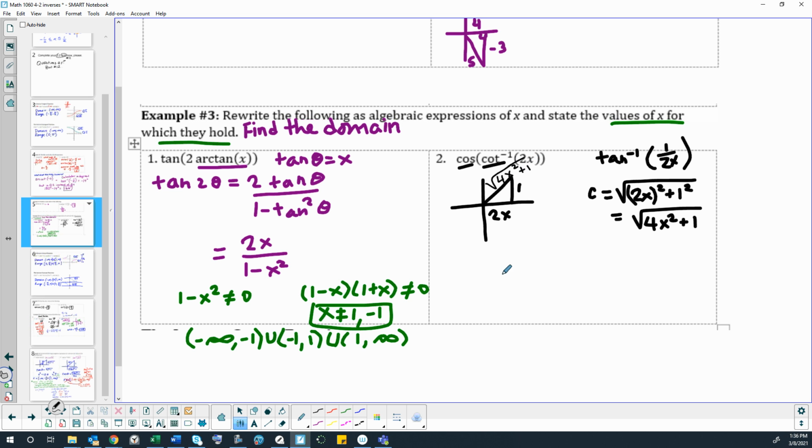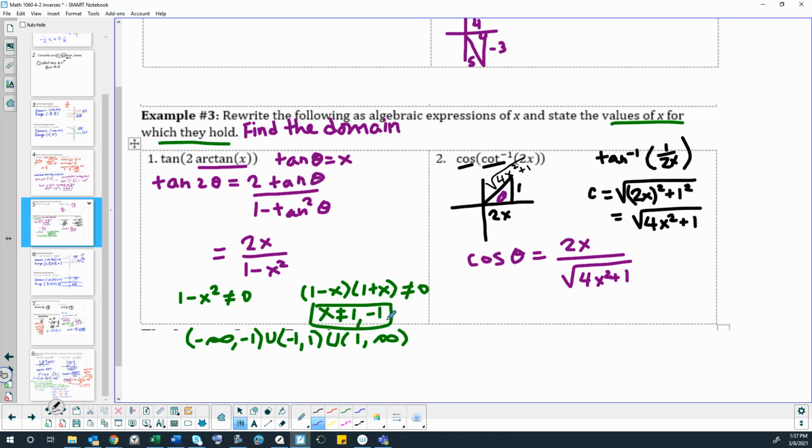Okay, so then if we want to find the cosine of whatever this angle theta is, cosine would be adjacent, which is 2x, over hypotenuse, which is the square root of 4x squared plus 1.